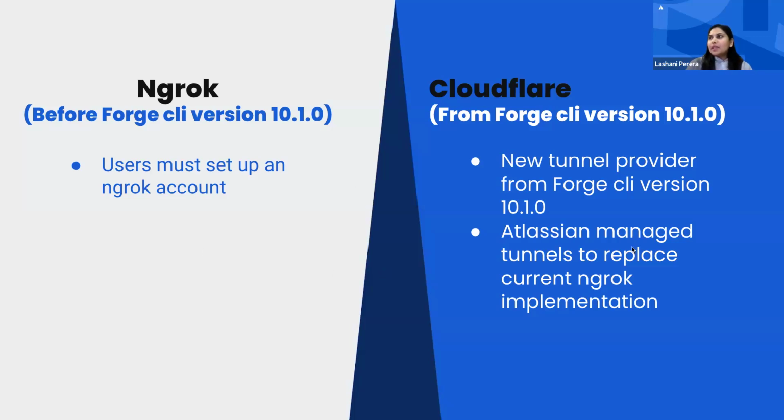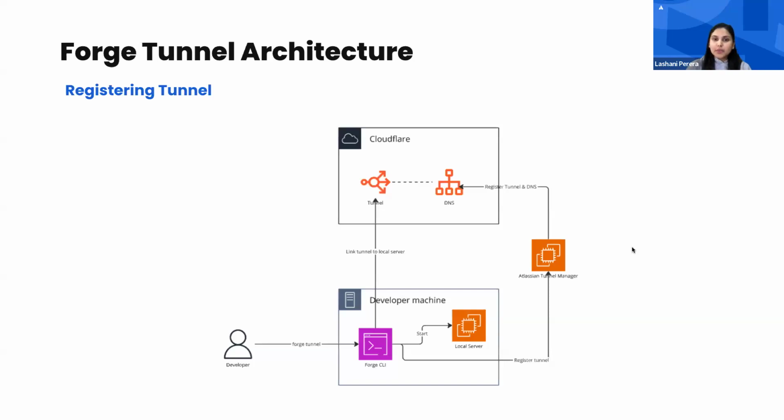Okay, so with that, let's have an overall picture of how the tunnel works. When a developer executes the Forge tunnel command via Forge CLI, the CLI will ask the Atlassian Tunnel Manager, the Atlassian services, to create a tunnel.